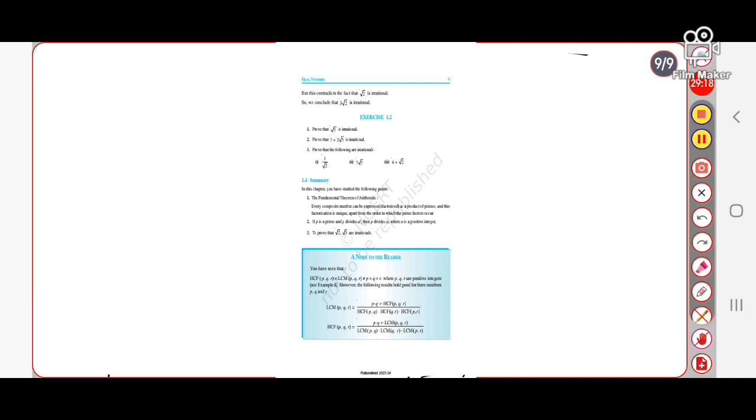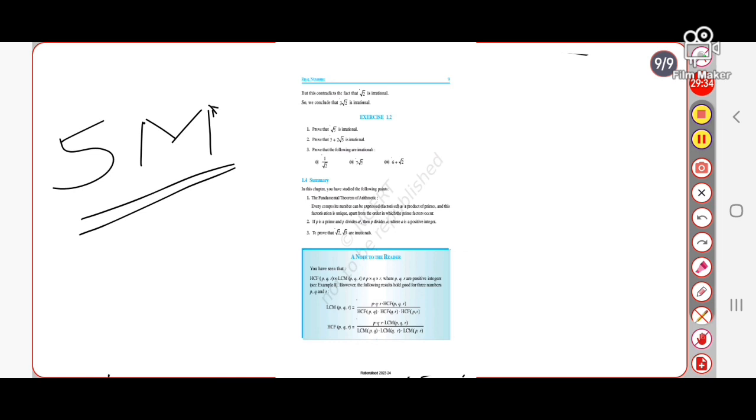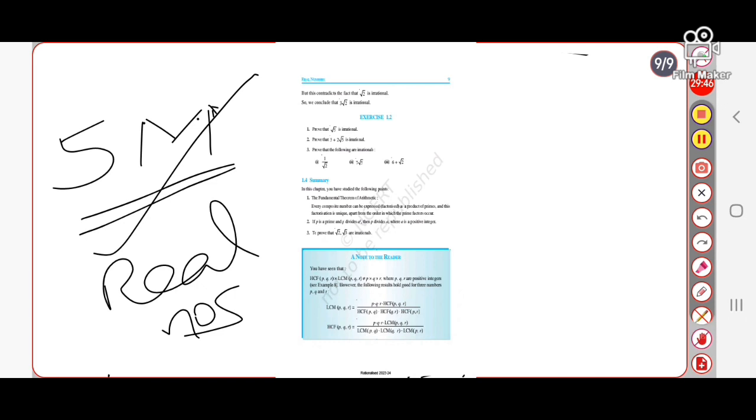Right now, the weightage of real numbers in the upcoming board exam is 5 marks. Yes, they have let out the weightage. You can check it out. For 5 marks, the weightage of this lesson, real numbers, is being announced by the board.